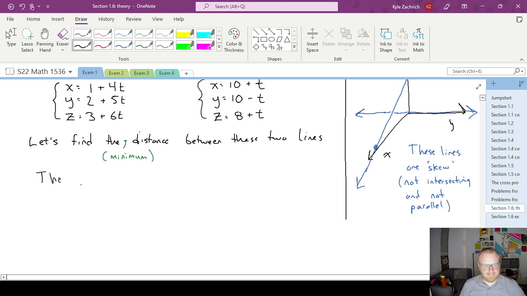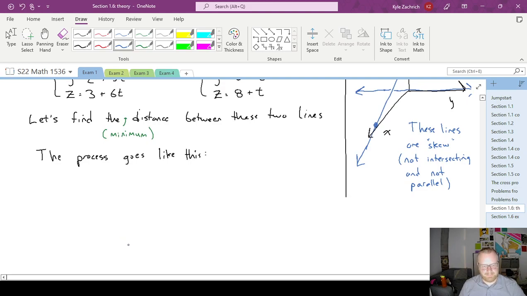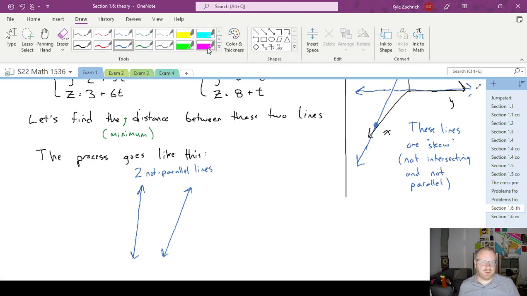So the process goes like this. So if we have two skew lines, or we'll say two not parallel lines, what we can create are two parallel planes.